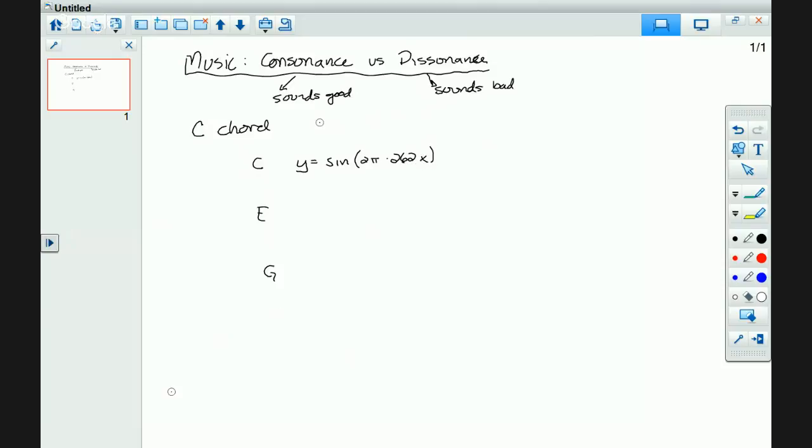Does anybody have the E up on their papers anywhere? 330? Okay. And then what about the G? Anybody? Okay, so we've written all of our functions, right?